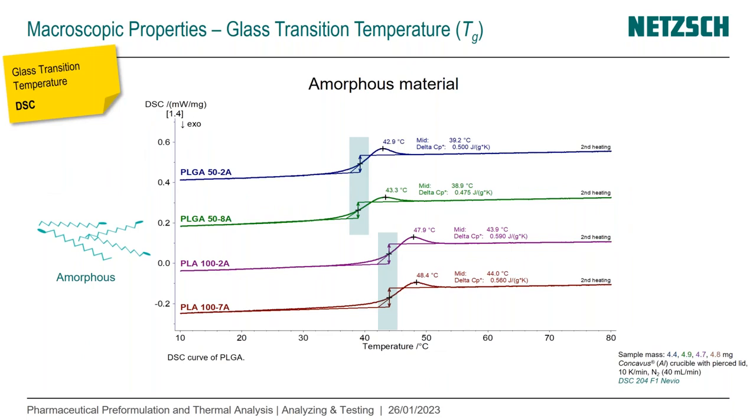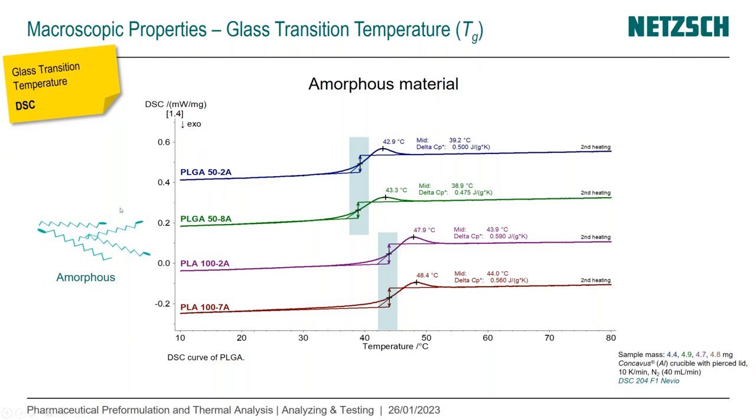Here is just to show the influence of the composition of the material on the glass transition. The two upper curves are from PLGA 50/50, and the third and fourth curves are from polylactic acid, only one type of molecule.